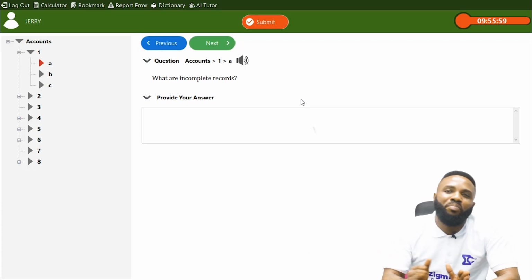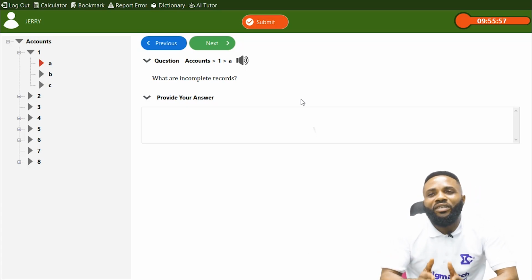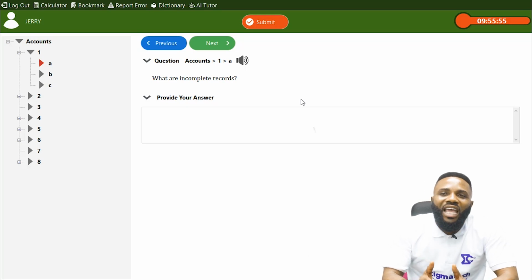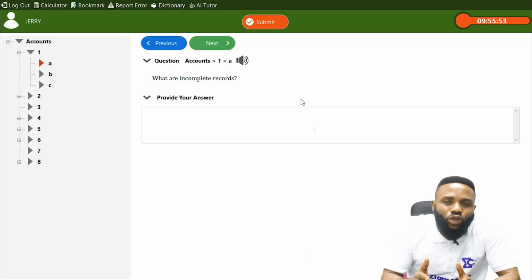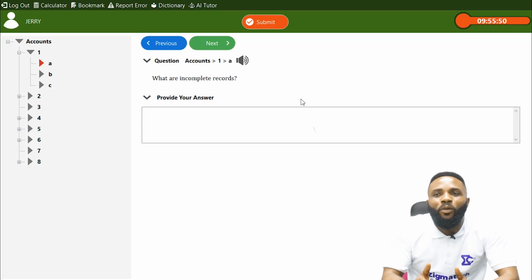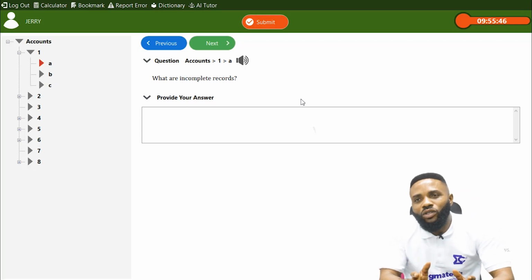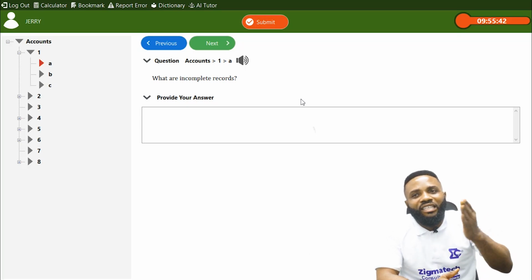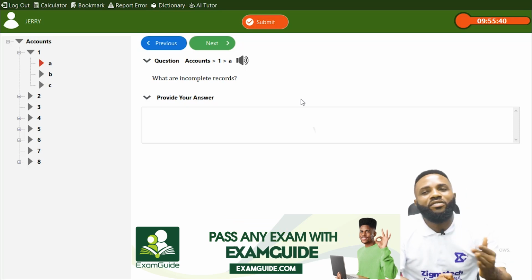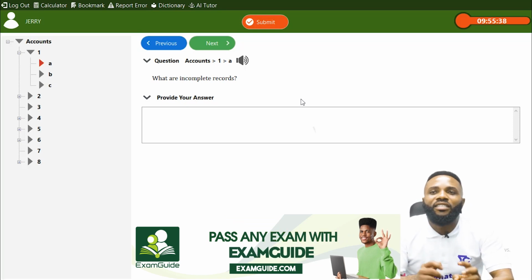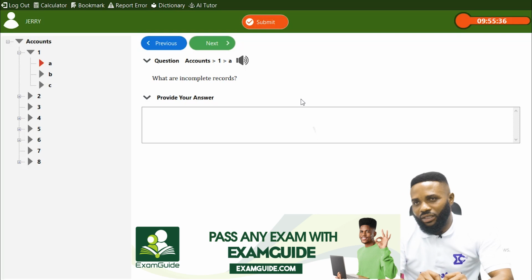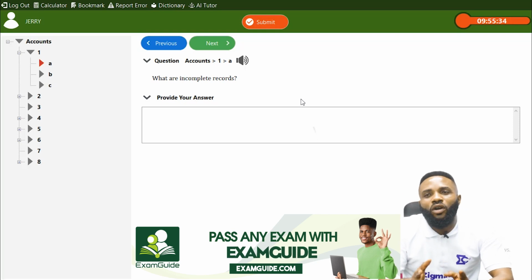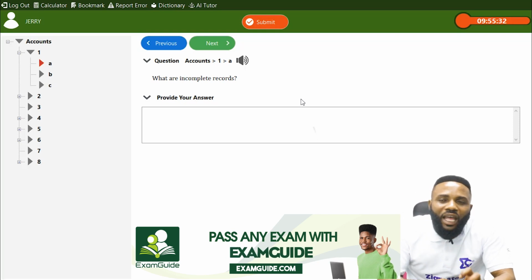Now, bringing it to the place of accounting, incomplete record is talking about any record that does not follow the double entry bookkeeping principle. In other words, any record that does not observe the debiting and the crediting of the receiver and the giver is termed to be incomplete. Another word for incomplete record is single entry.